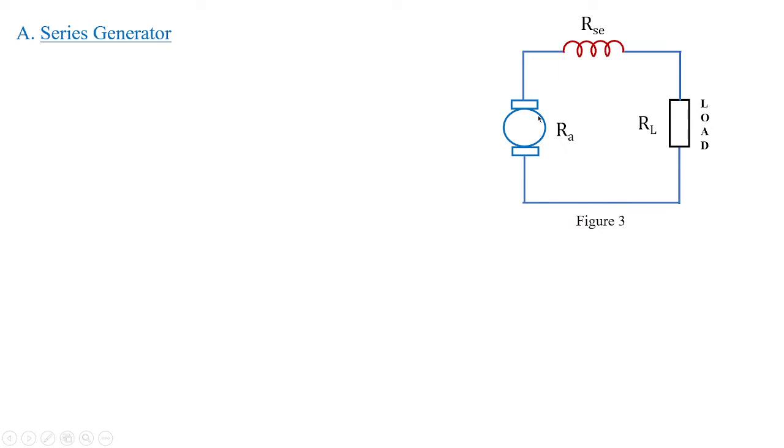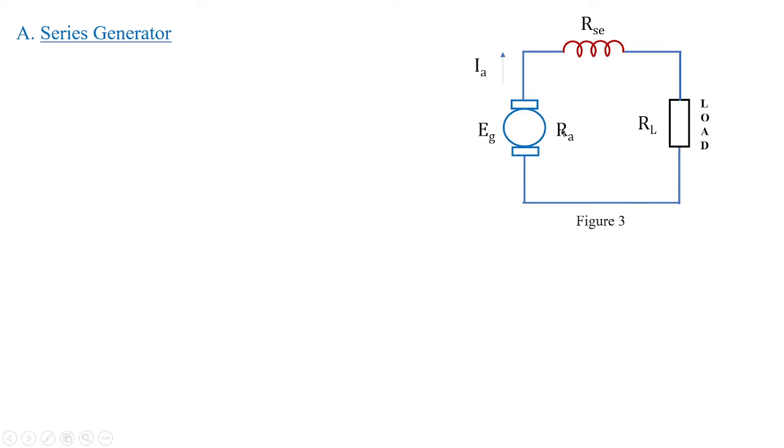The resistors of this closed circuit can be taken as internal resistance Ra, series resistance Rse, and load resistance RL. Fine. When the EMF, that is the induced voltage, is obtained in the generator, it develops the current flowing through the closed circuit as Ia.